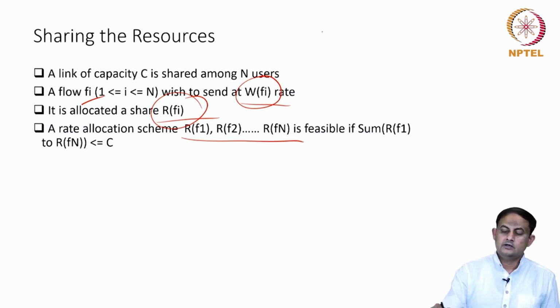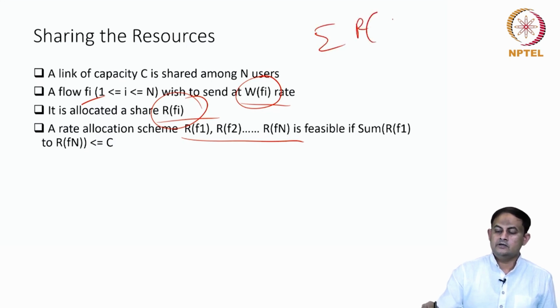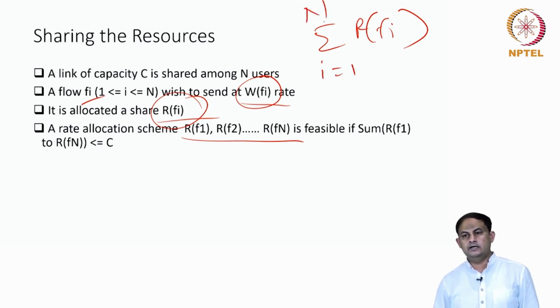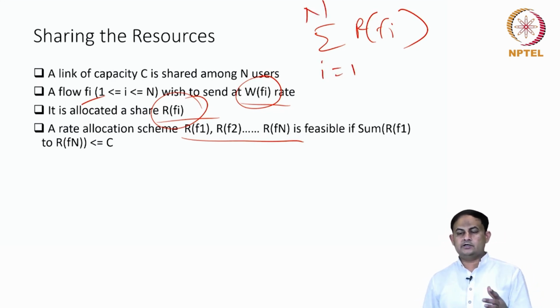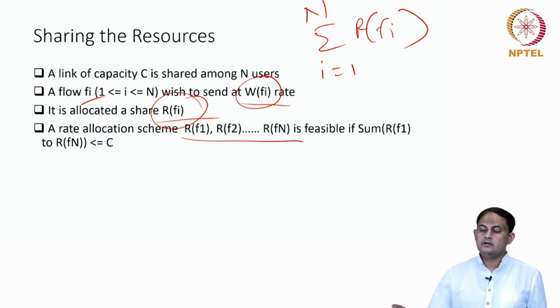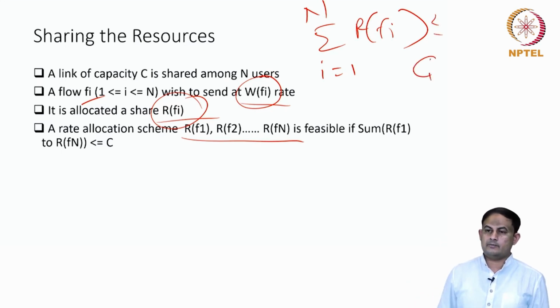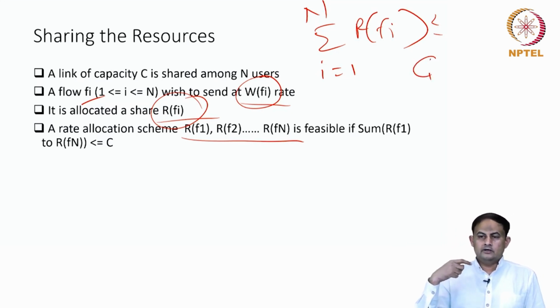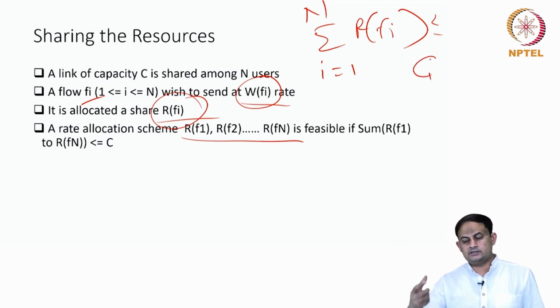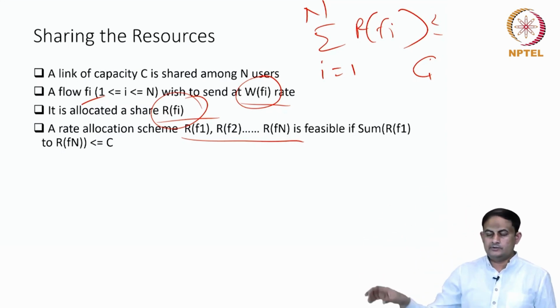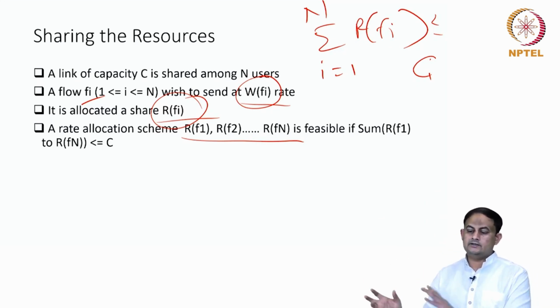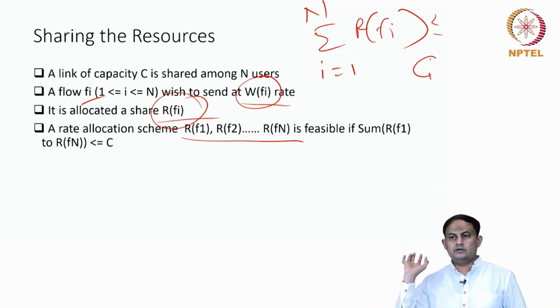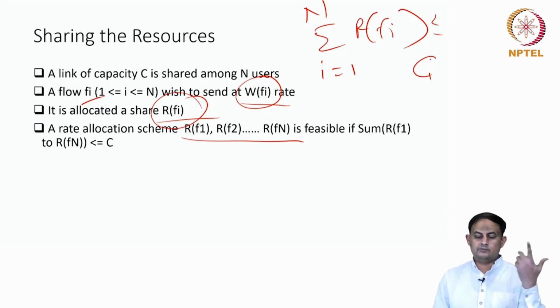What it means is, the summation of the R of Fi, where i varies from 1 to n users, the capacity allocated to each of these users put together, is less than or equal to the available capacity C. So, let us say the outgoing link is 1 Mbps, and the scheduler has come up with such a mechanism where the sum of all the transmissions is not violating the constraint C. They put together are less than the capacity C, then only the allocation is said to be feasible.